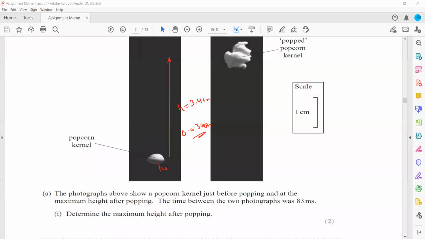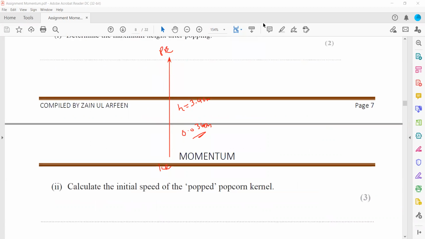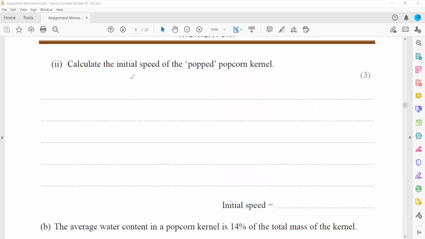So here it will have a kinetic energy, and when it reaches the height, the kinetic energy is transformed into potential energy. So we can say the potential energy is equal to the kinetic energy. Kinetic energy is half mv squared, and potential energy is mgh. m will cancel with m.